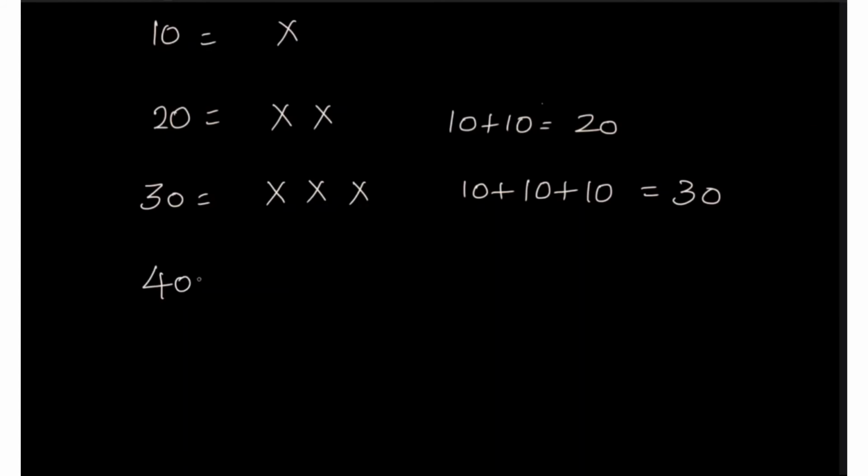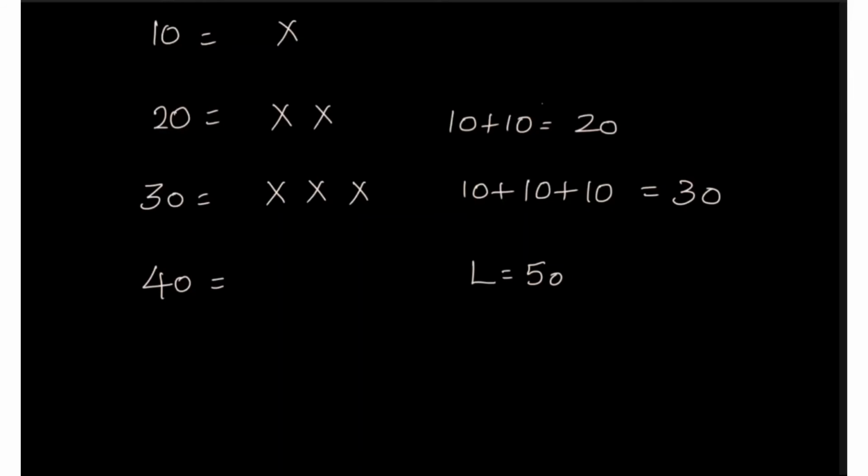Next we have to find out 40. We cannot repeat X 4 times. So the only method is to subtract from a known number. We already know L equal to 50. The nearest known number to 40 is 50 itself.